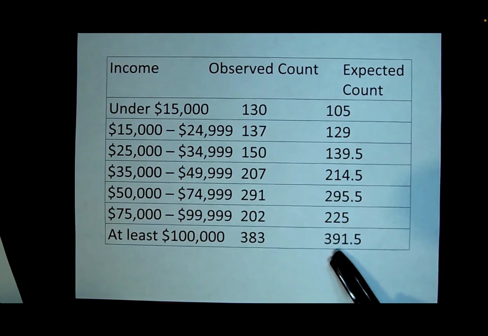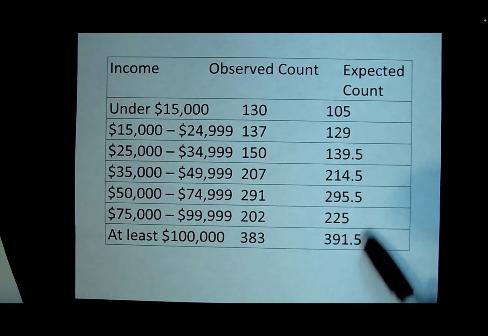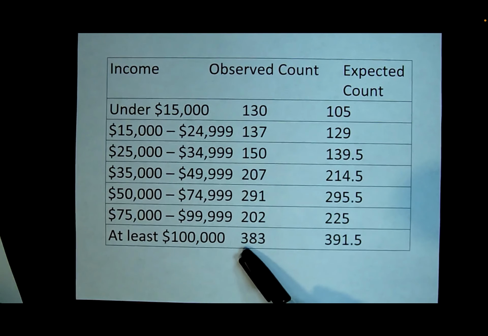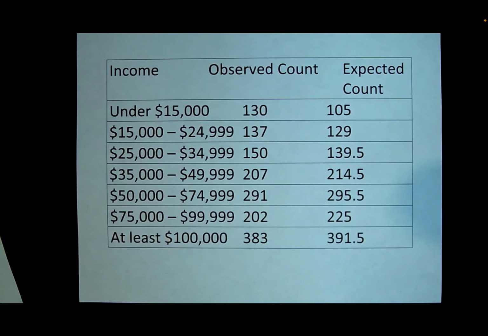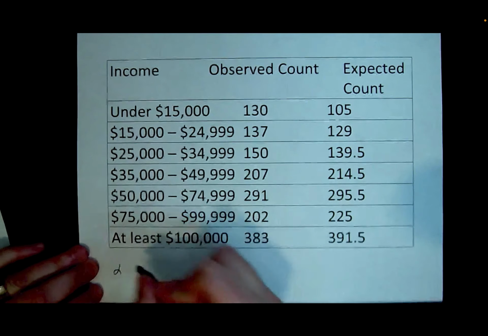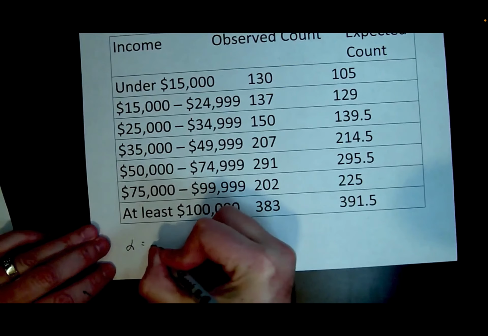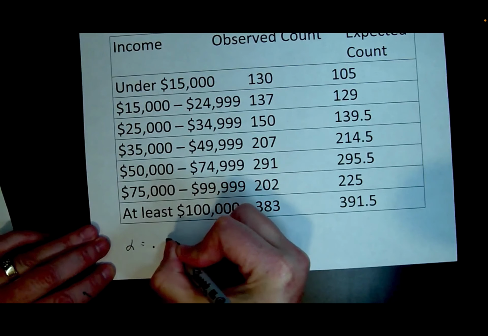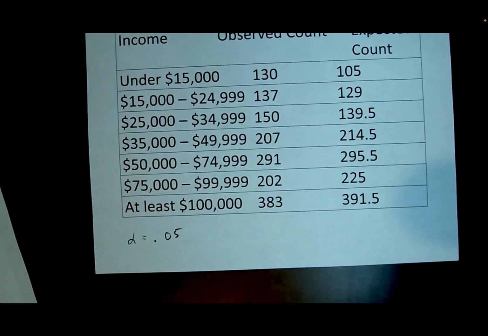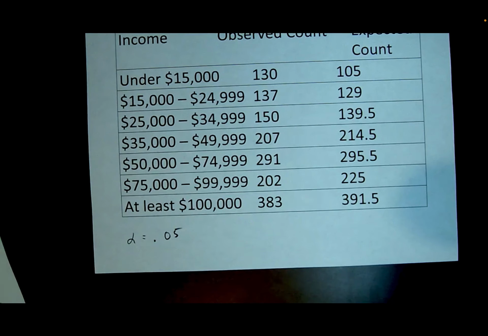Are they so far off that the distribution would not be considered the same as it was, or are they close enough that we don't have evidence to say that it's changed? And again, the level of significance we are looking at is 0.05. Now we don't need that for our test statistic, but we will need it to get the p-value.